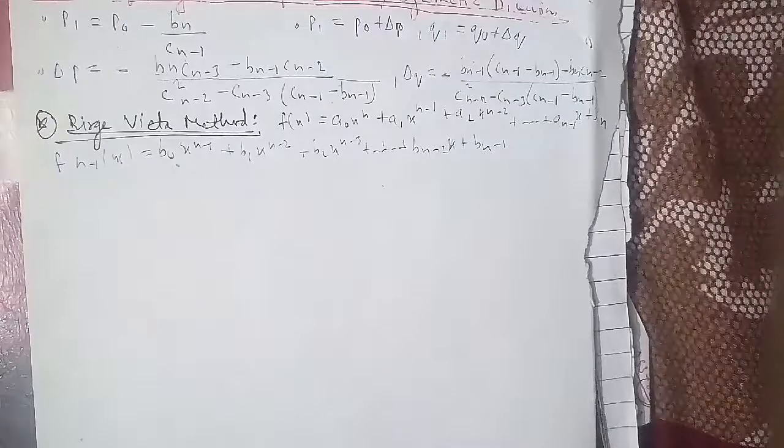For p, we have a0, a1, a2, ... a(n-2), a(n-1) and an. So we made it for it.